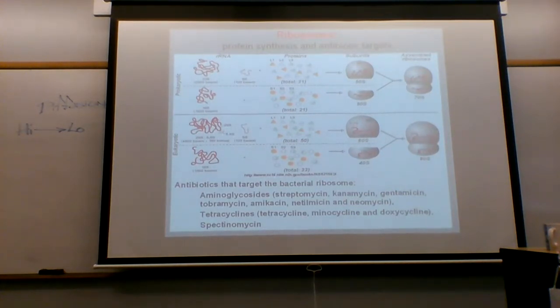And the ribosome ends up actually having a lot of commonality with our ribosomes. So eukaryotic ribosomes in us and all eukaryotes are very similar, and prokaryotic ribosomes are all very similar. And they still have some pretty good distinct differences, primarily in the size.